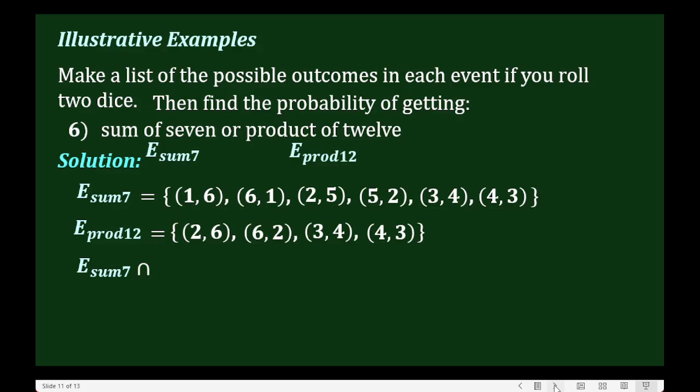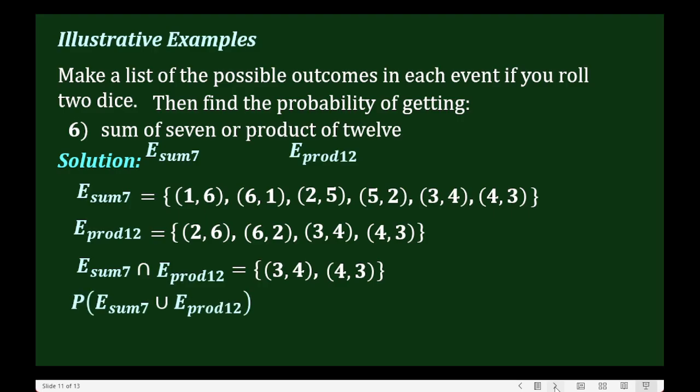So E sub sum 7 intersection E sub prod 12. The elements are 3, 4, and 4, 3. So from this intersection of 2 events, we have 2 outcomes or elements. So for the union of these 2 events, since they have a common set of elements, we can therefore say that these 2 events are not mutually exclusive.